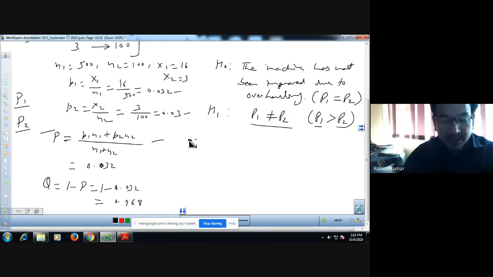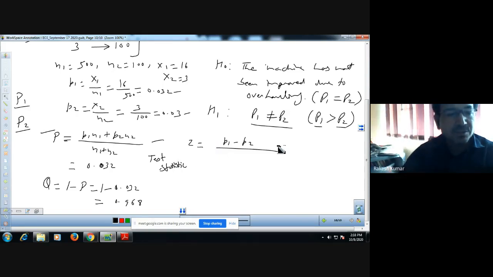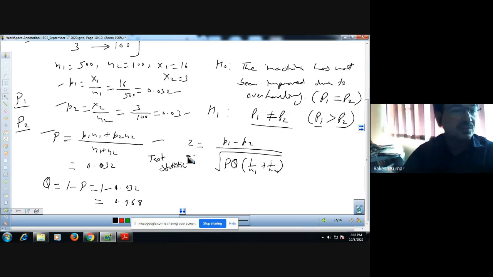So under the null hypothesis, we can calculate the test statistic. Z is always named as the test statistic, and the formula is small p1 minus small p2 in the numerator, and in the denominator the square root of capital P Q into (1 over n1 plus 1 over n2). n1, n2 are sample sizes.